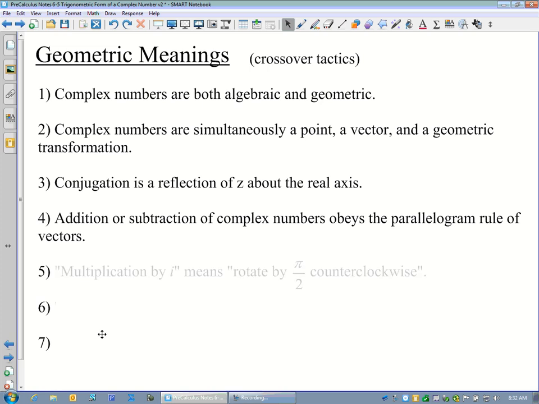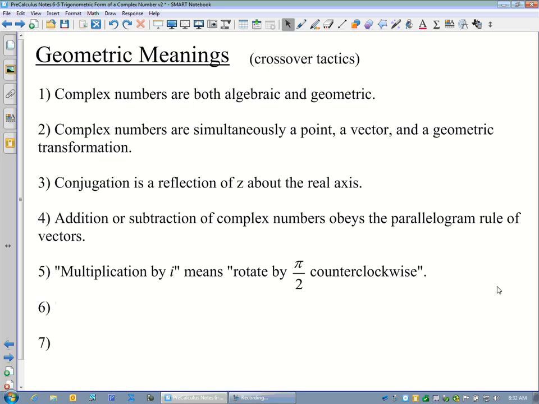Next we have multiplication. If you multiply by i, the imaginary unit, then geometrically that would be the same as rotating by pi over 2, or 90 degrees, counterclockwise. Think about it as a real number. Let's take the number 2 for example. Think about where 2 is on the complex plane along the real axis.